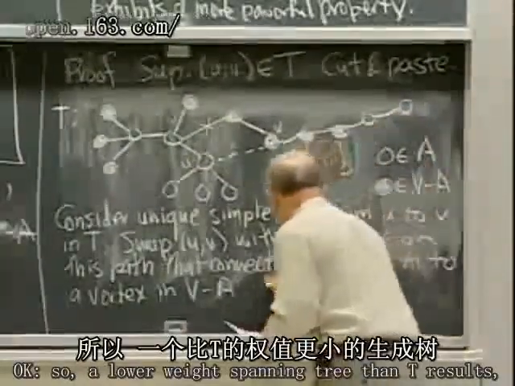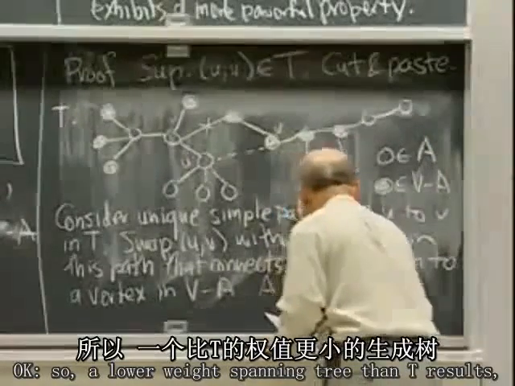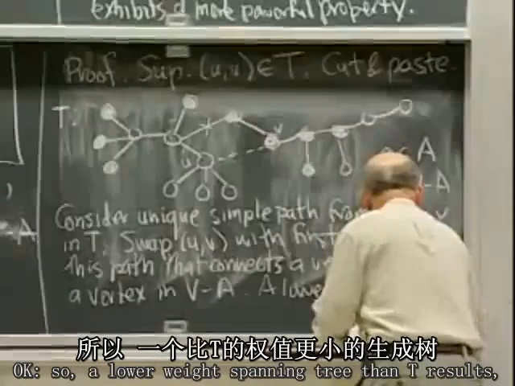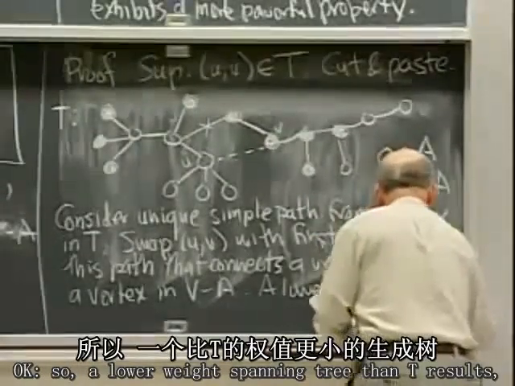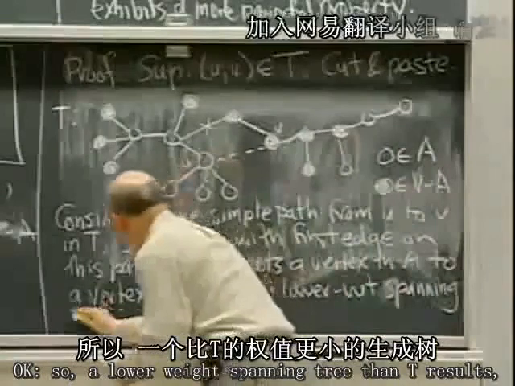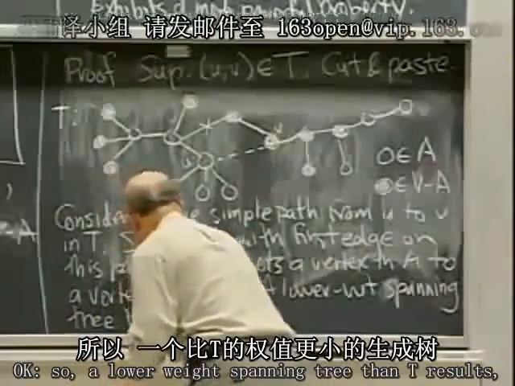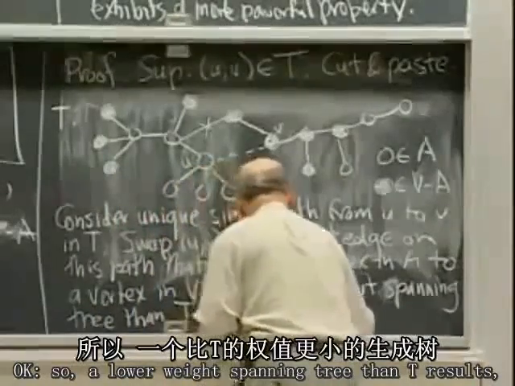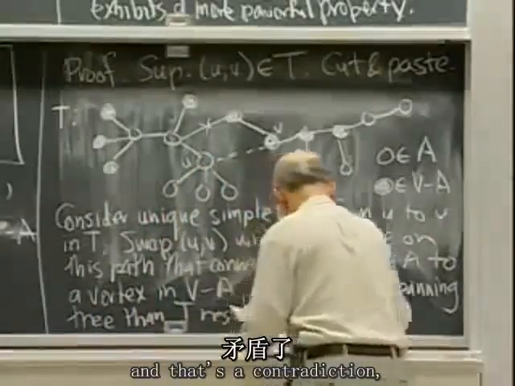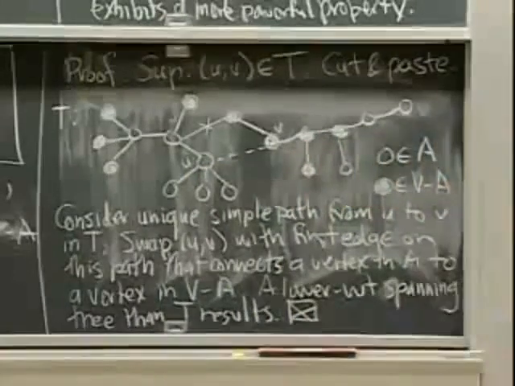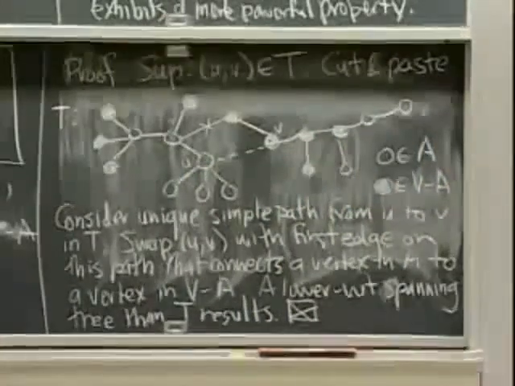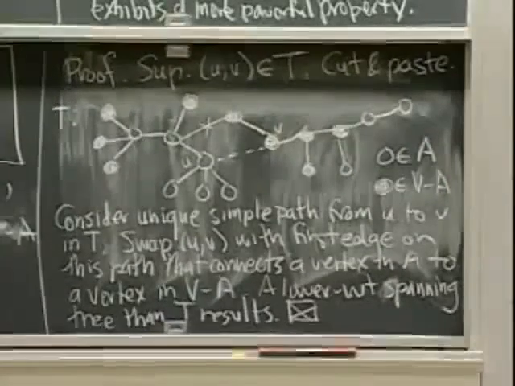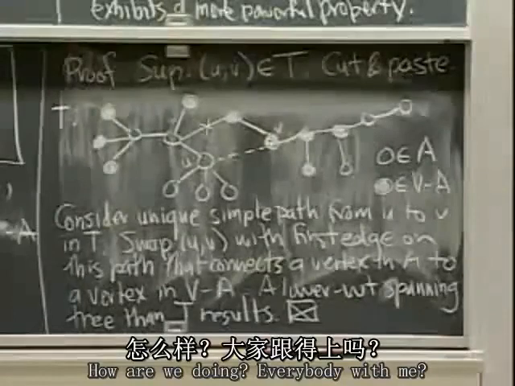A lower weight spanning tree than T results. And that's a contradiction. How are we doing? Everybody with me?